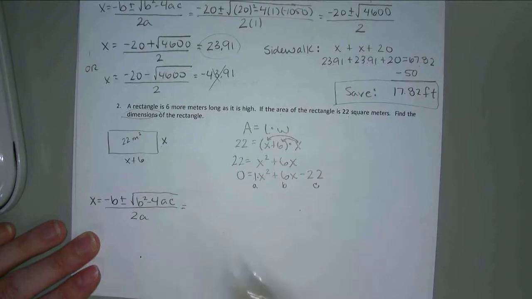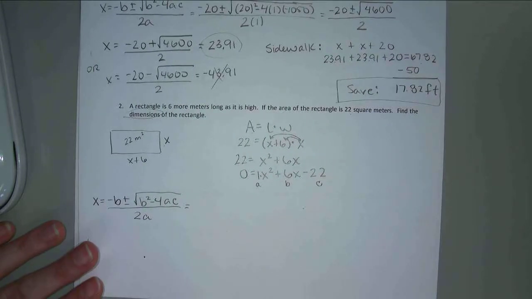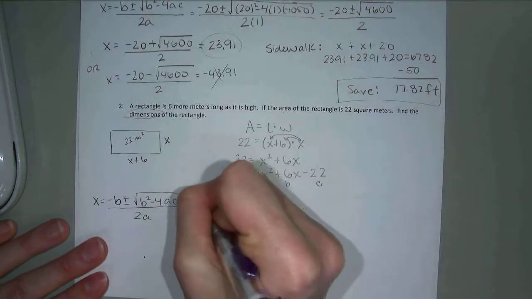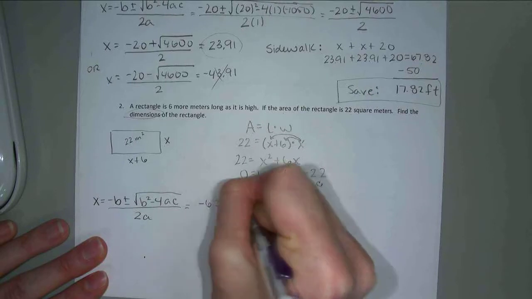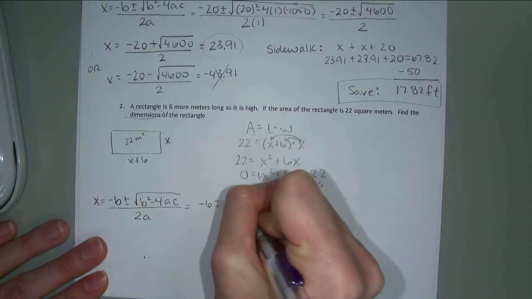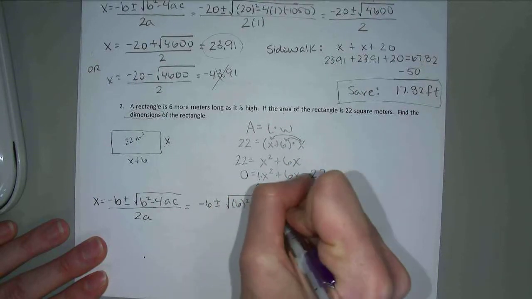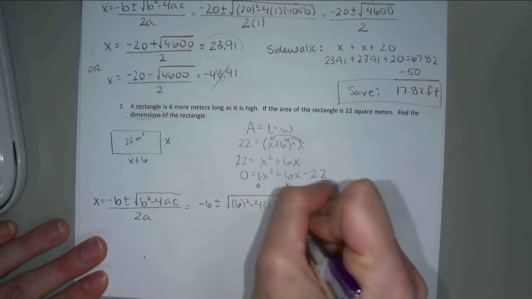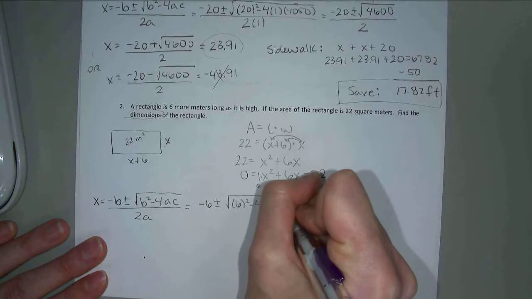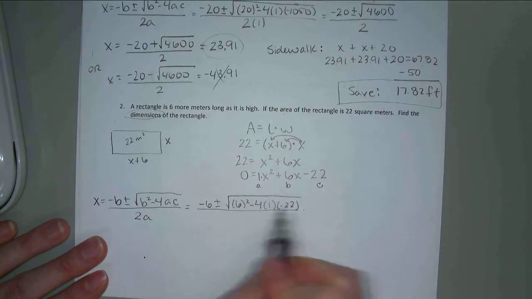And we have everything labeled, so we'll just go back in and put everything in. My B is positive, so it will stay a negative 6, plus or minus the square root of B squared, which is 6 squared, minus 4 times my A of 1 times my C of negative 22. And that will be all over 2A, or 2 times 1.